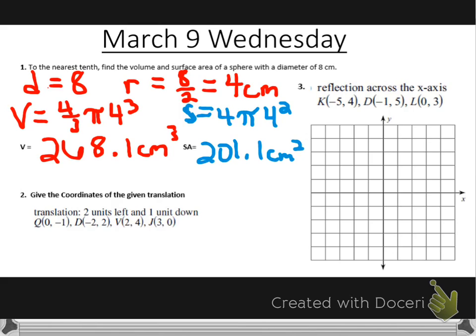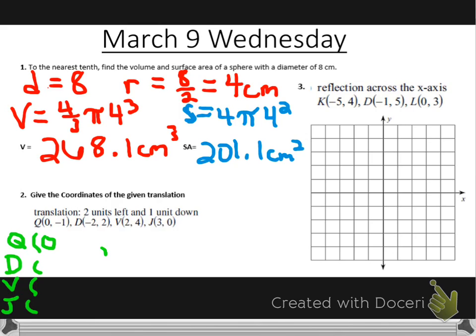Now, number 2 is asking us to give the coordinates of the given translation. What we're looking at here is we're going to move these points 2 units left, 1 unit down. I'm just going to set up my table just like I have done before: my Q, my D, my V, and my J. I'm going to put the original points in.